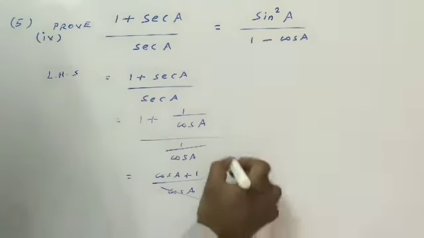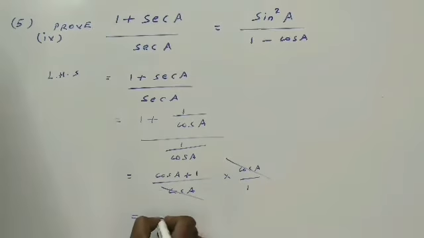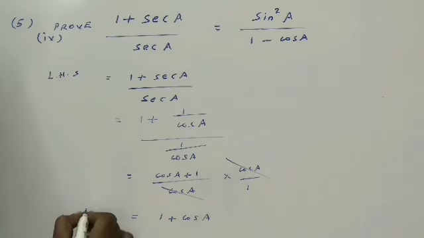We can cancel cos A and cos A, remaining cos A plus 1. You can write 1 plus cos A also. So in LHS now we get 1 plus cos A, like that. Now take RHS.